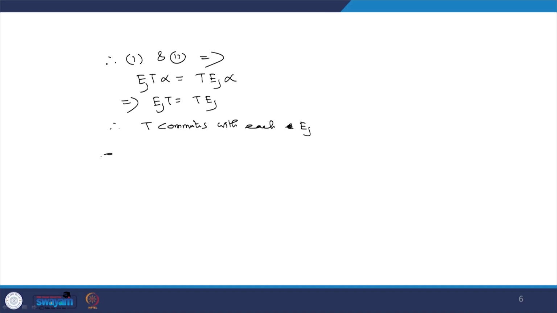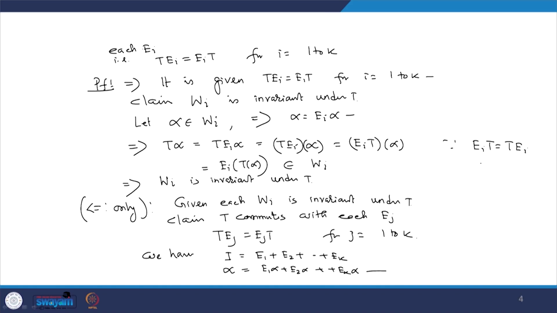So, consider T as a diagonalizable operator on a finite dimensional vector space V. In these theorems I have not assumed whether the vector space has to be finite dimensional or not.